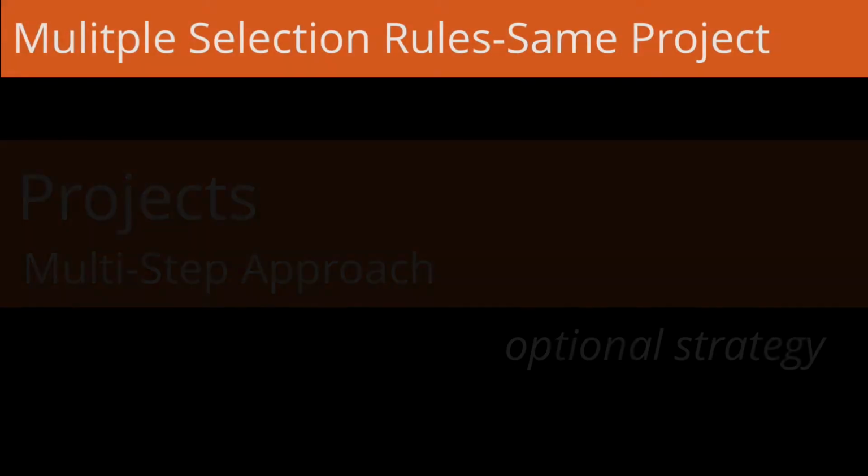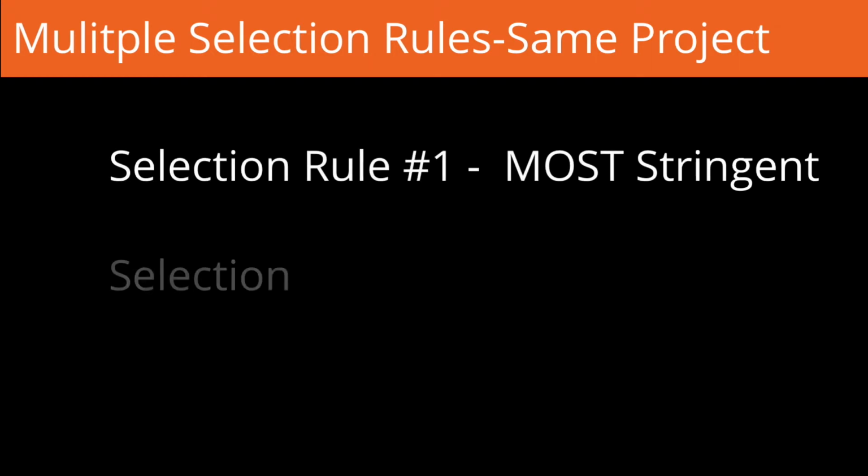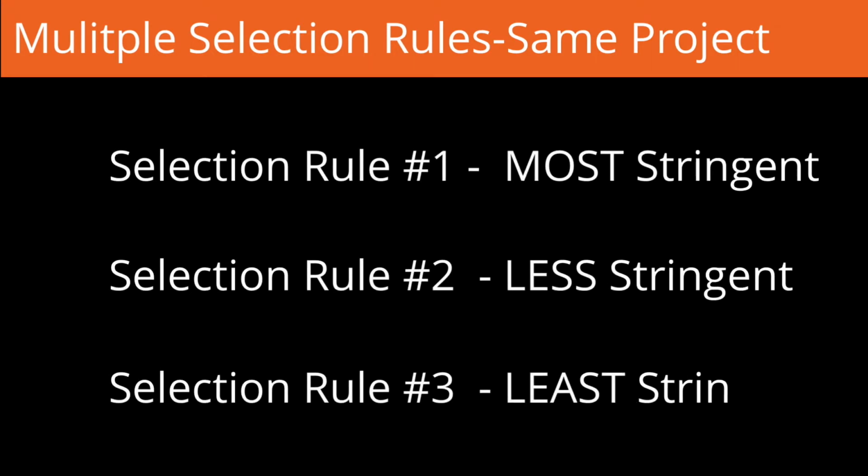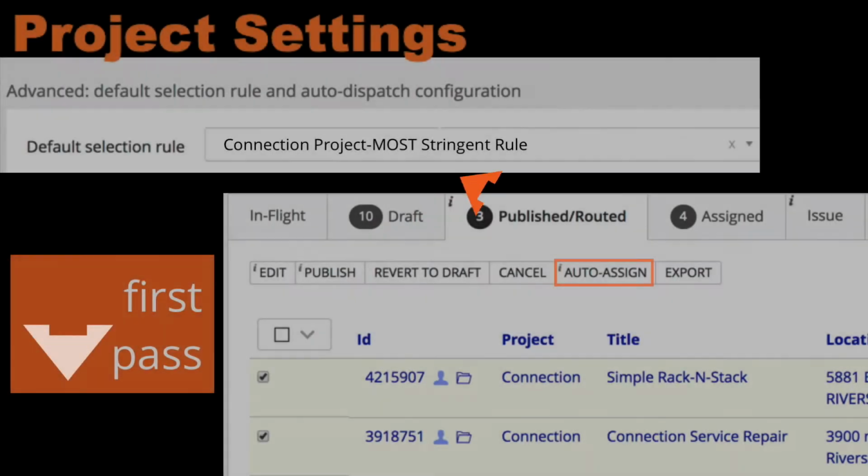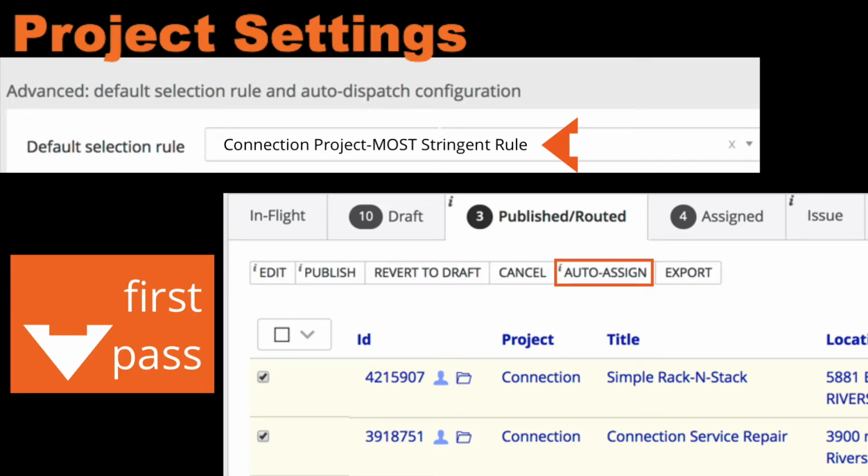They do this by creating multiple selection rules for the same project, each rule having descending degrees of required criteria. They first run auto-assign by using the selection rule that contained the most stringent or toughest set of required criteria. They do this to assign the most qualified providers based on that toughest criteria to their work orders.